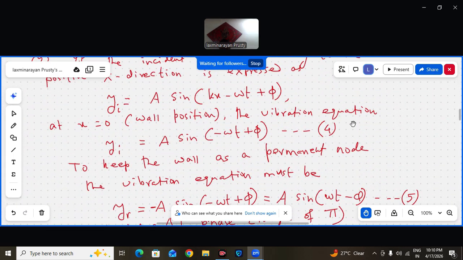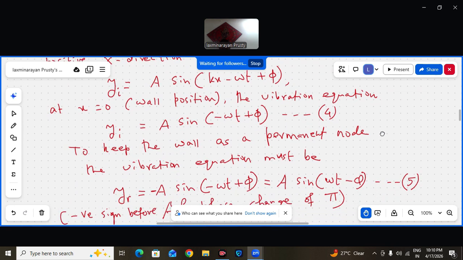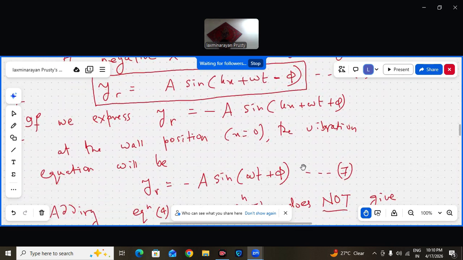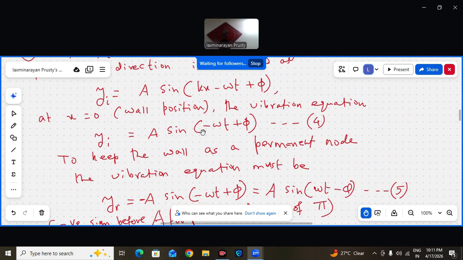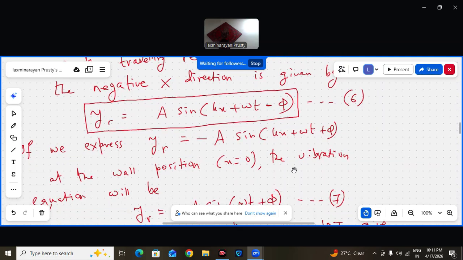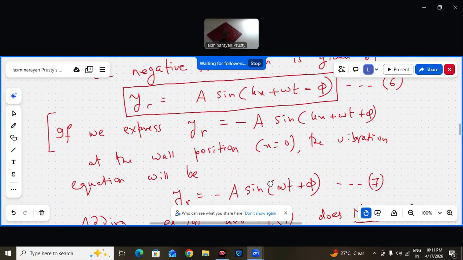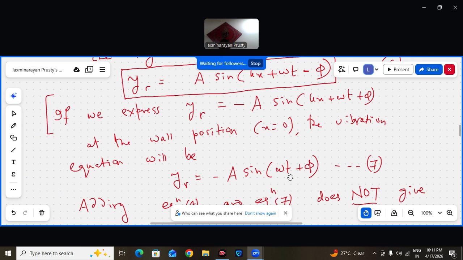this vibration of the incident wave, and equation 7 which I wrote here, will they cancel? It's minus a sin(ωt + φ), and this is a sin(-ωt + φ). If I take the minus outside, minus a sin(ωt - φ), this will be minus a sin(ωt + φ).